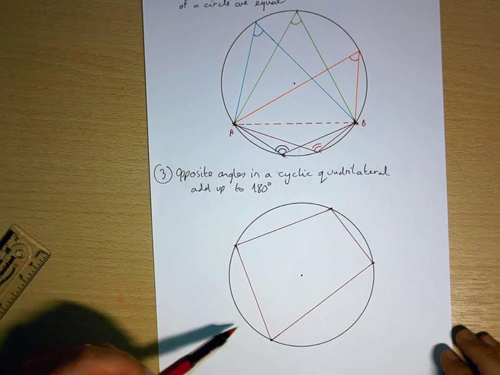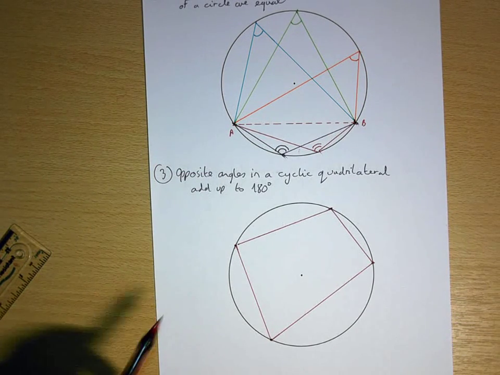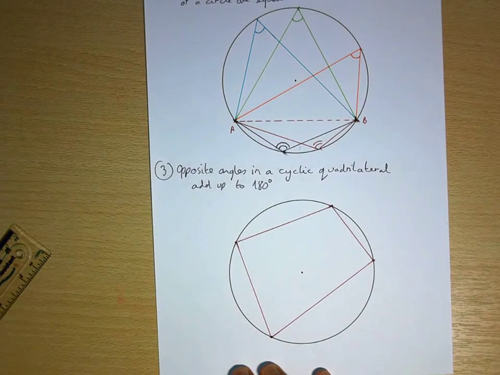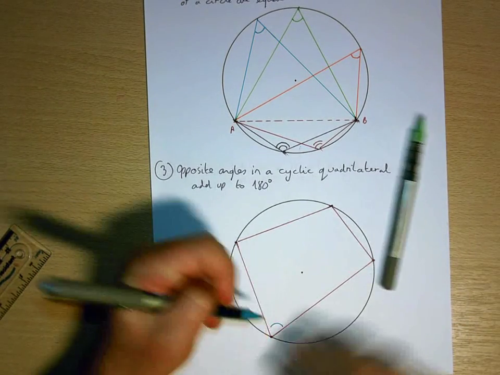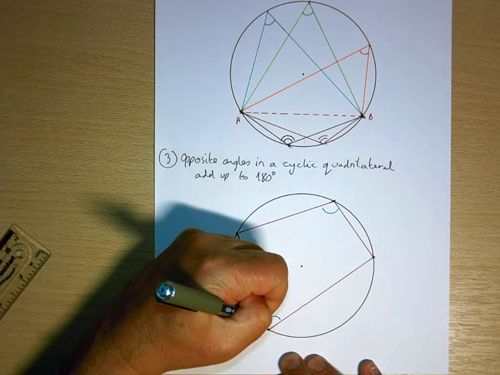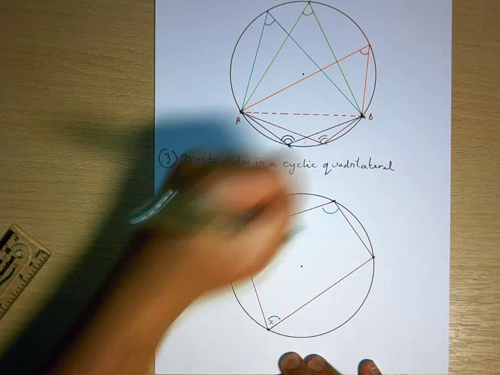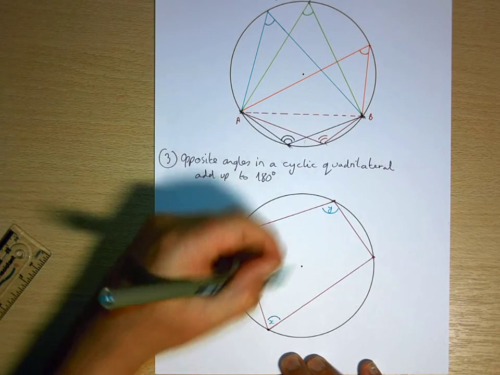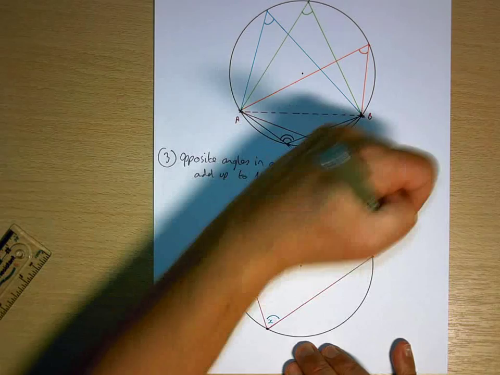None of the sides are the same length, none of the angles are equal, but the property is that the opposite angles, that angle there and that angle there, if I call them X and Y, then those two add up to 180.